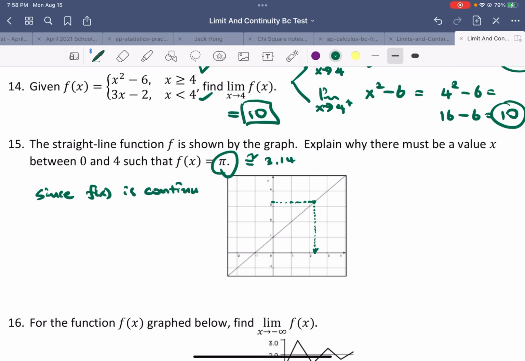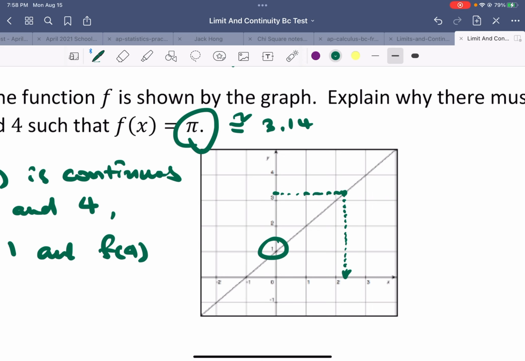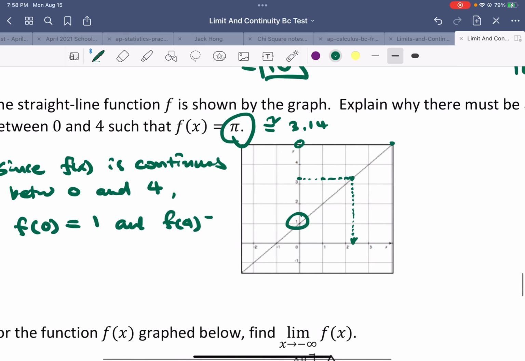Continuous between 0 and 4. Okay. And also, let's find those two y values. f of 0 is 1 here, and f of 4 is basically 1, 2, 3, 4, 5 here. So that's 5.